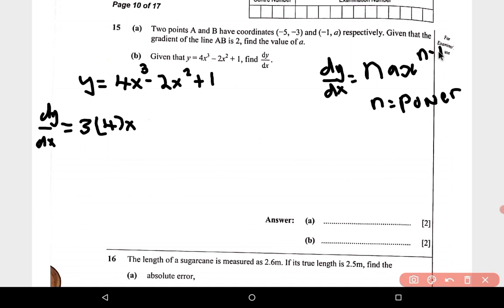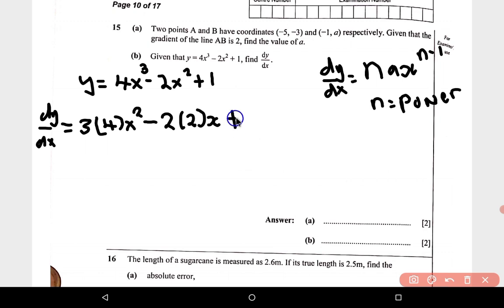So remember, n minus 1: the power is 3, so 3 minus 1 would be 2. Minus, you go to the next one, the power is 2, the coefficient is 2, and 2 minus 1 is 1, so you're not going to write it, you leave the x here.